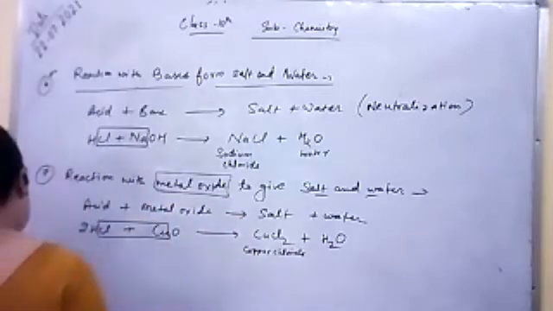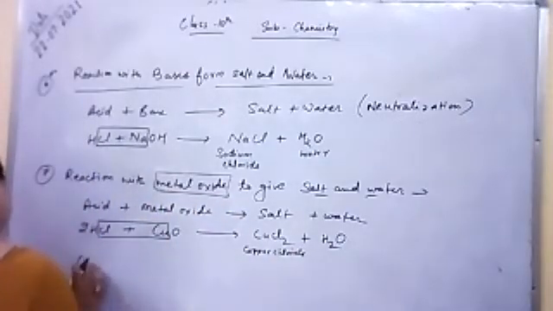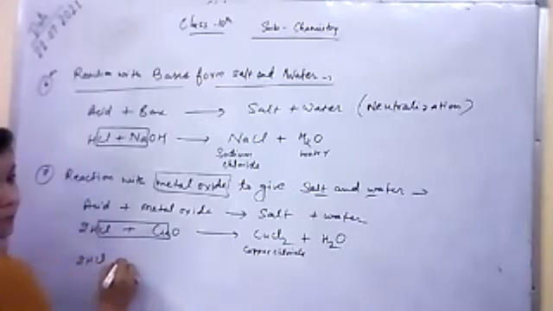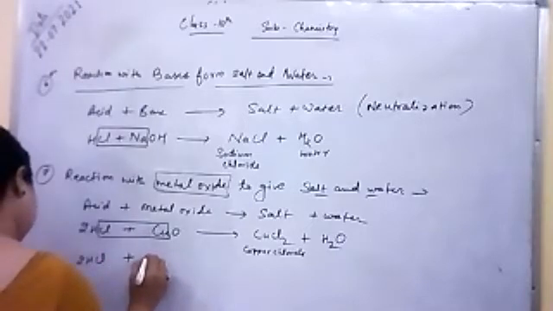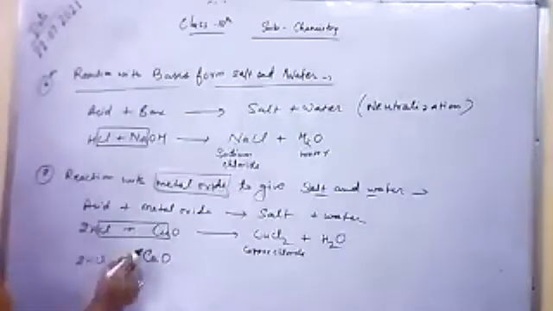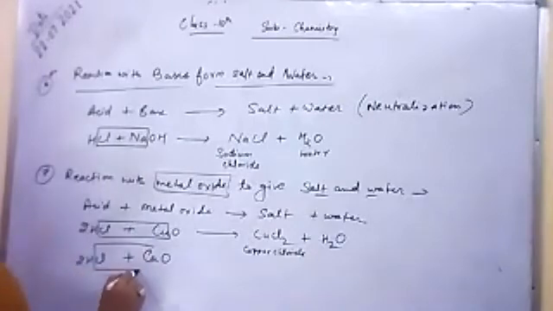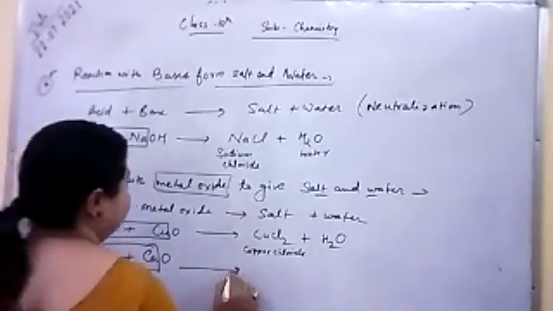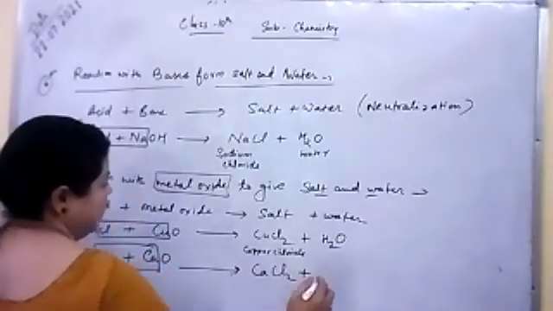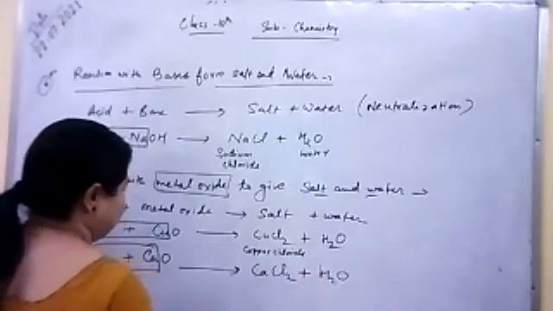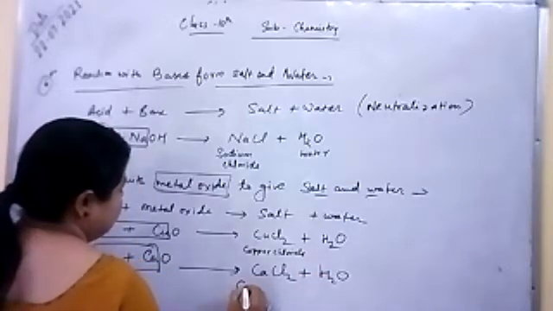Next reaction, 2HCl plus CaO. Now this CaO will react with the Cl atoms and they will form CaCl2, and a water molecule will come out. This name is calcium chloride.